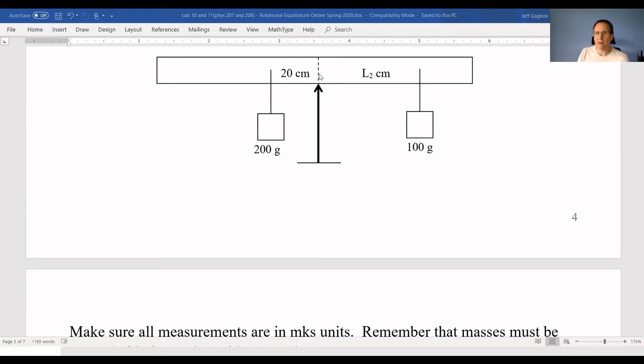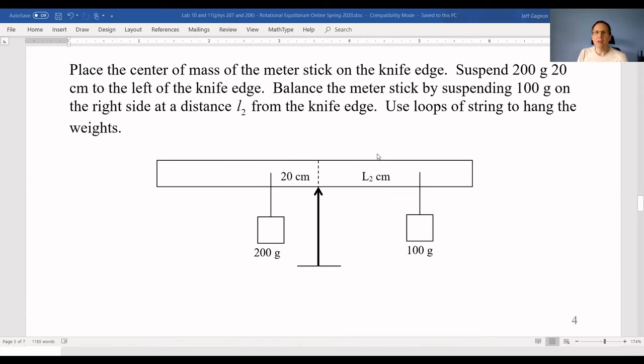So I'd have to hang this mass here at 30.1. And then I'm hanging 100 grams on the right-hand side, at some location such that this meter stick is in rotational equilibrium. So it's not rotating anymore. It's completely balanced. So the goal is to figure out what this distance is.